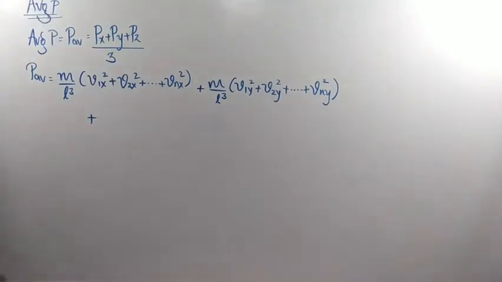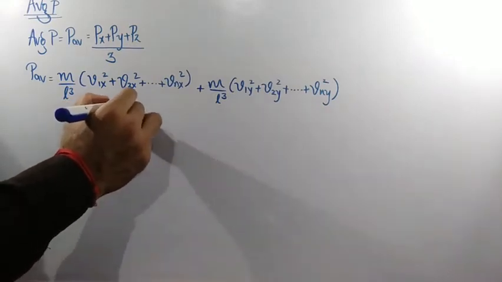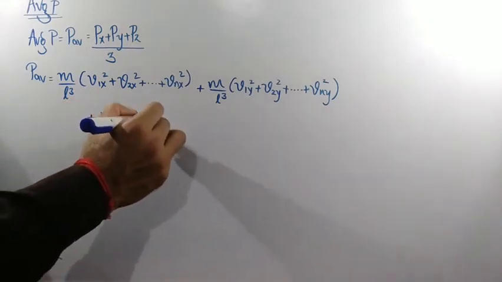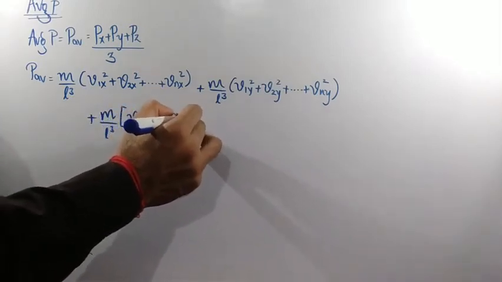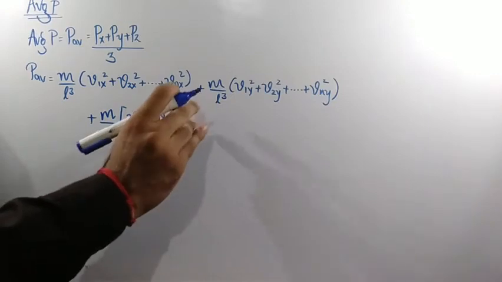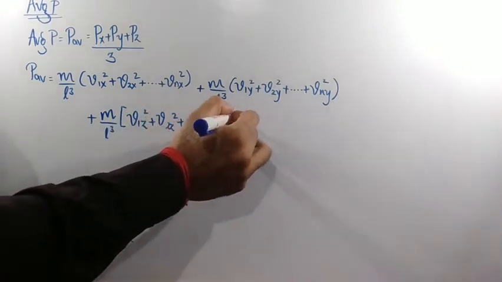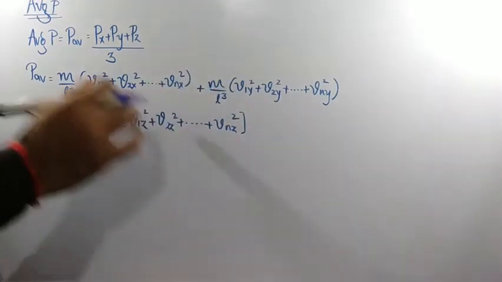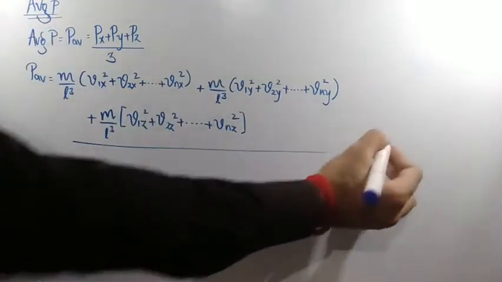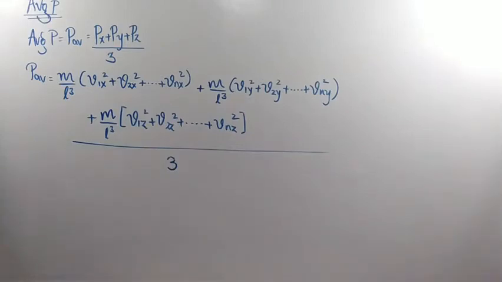Pz term will be m by L cube, inside the bracket v1z square plus v2z square plus so on up to vnz square. This is Px plus Py plus Pz completed. Px, Py, Pz whole divided by 3 again. Whole divided by 3. Clear?